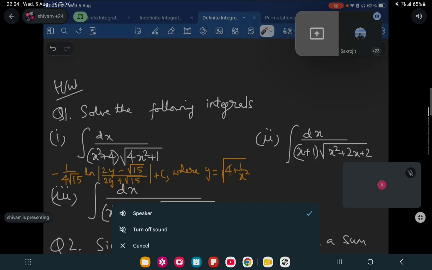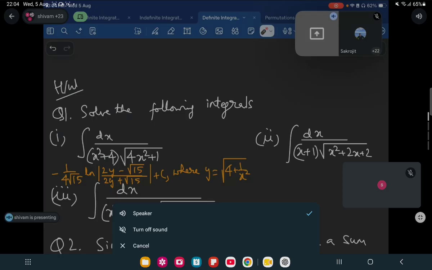After substitution, will that minus sign still be there? Yes, after simplifying, you can reciprocate, then minus sign will be gone. If you reciprocate everything which is there inside ln, it will be gone.